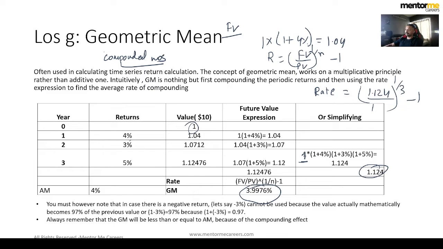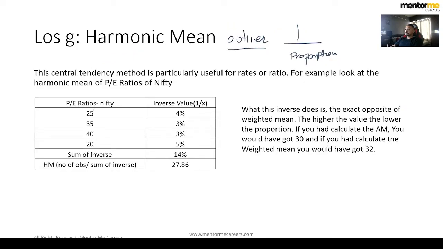Okay, so let's look at this example itself. So if you see P/E ratio, Nifty, 25, 35, 40, 20, right? And let's say that these two values have the highest outlier effect on our mean. So if we take the inverse of these values, you would get some proportion.